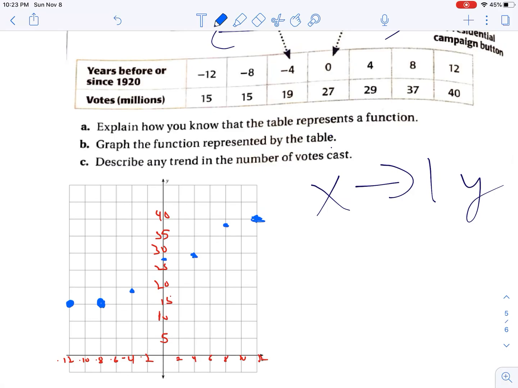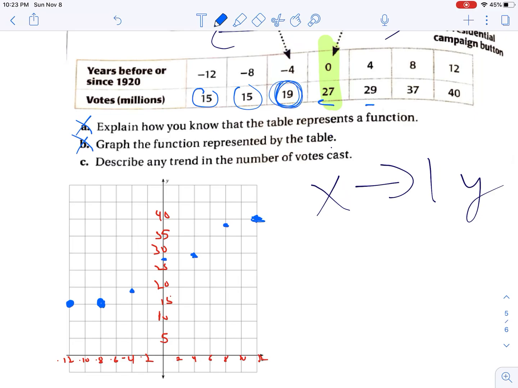We talked about how we know it's a function, and we graphed the points. Now it says describe any trends you see in the number of votes cast. I mean, you could really almost make the argument, and I don't mean to not allow you to think for yourself here, that after women were allowed to vote, the votes cast were almost double. 27 and 29 are close to 30, and if you double 15, you get 30.